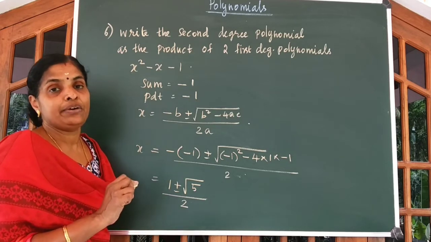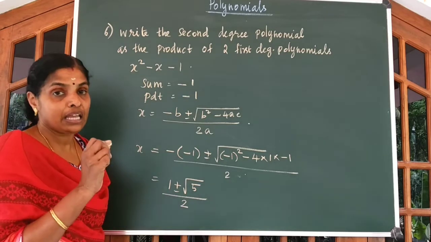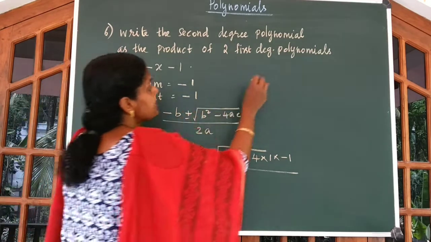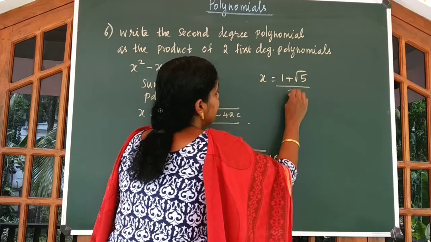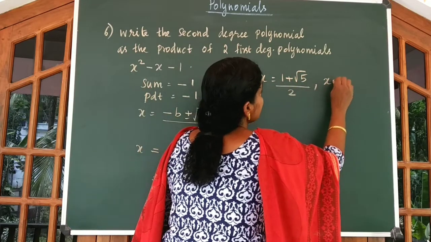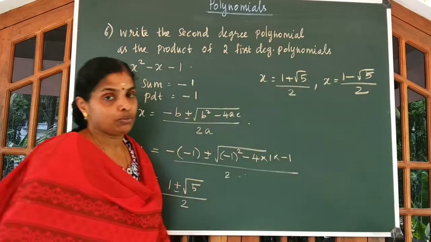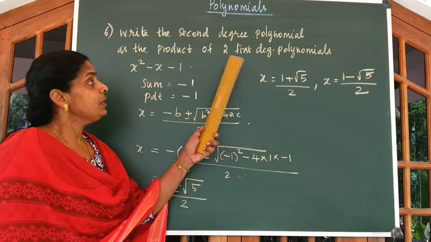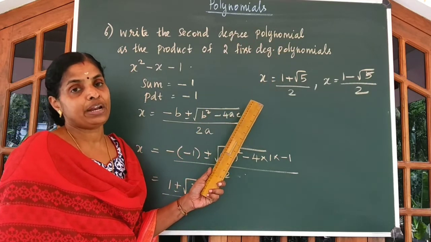From this, what did you understand? The two solutions of the second degree equations are x is equal to 1 plus root 5 divided by 2 and the second solution is 1 minus root 5 by 2. We are asked to write two first degree polynomials. So how we have to write?